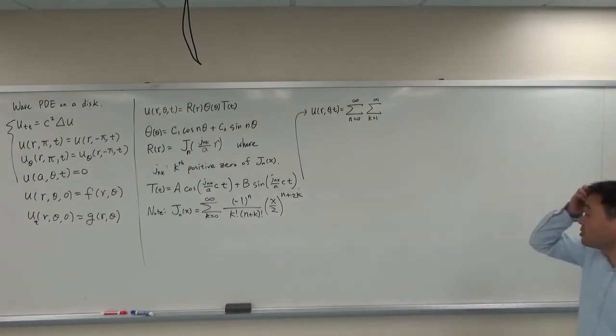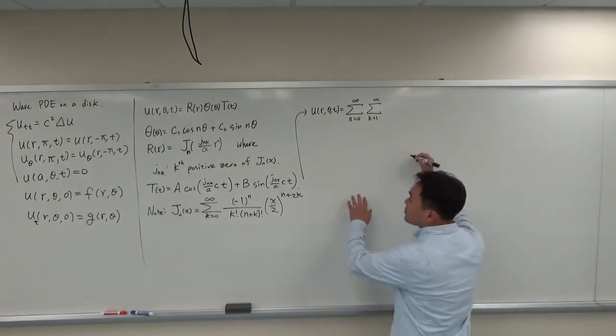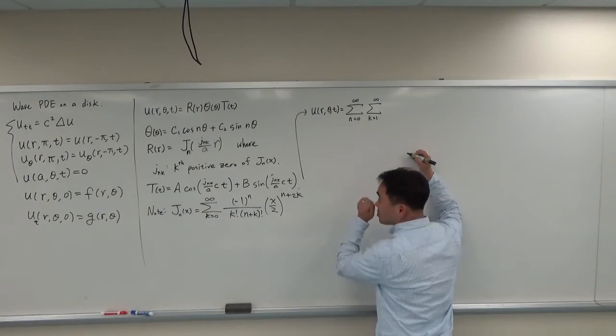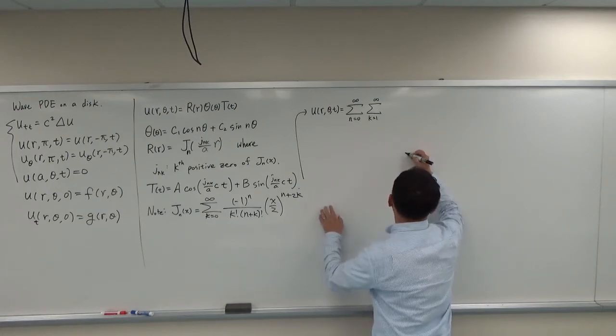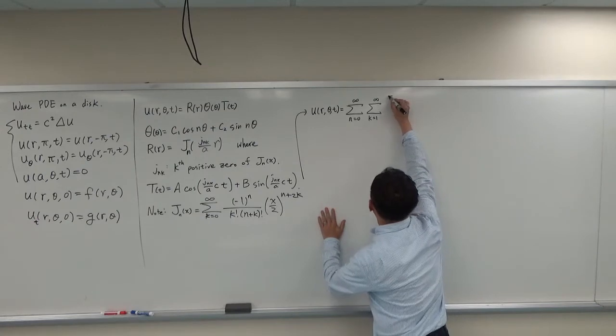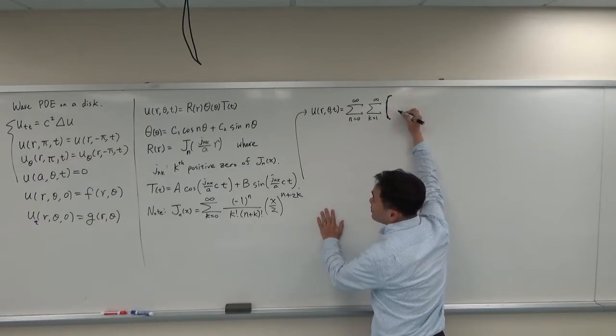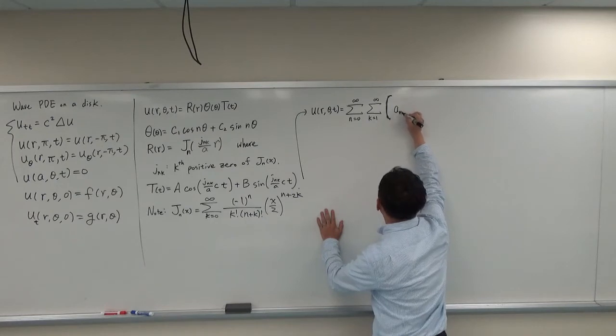So it starts from 1, and now you combine all the terms. It's a gigantic sum, so I'm going to put a big parenthesis here. And I'm just going to say A_nk.